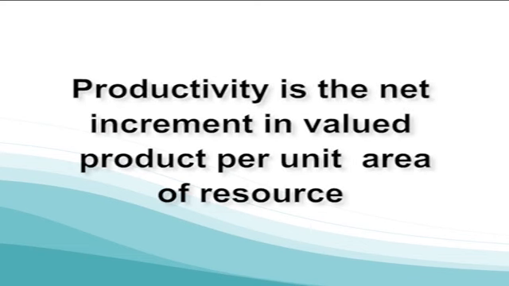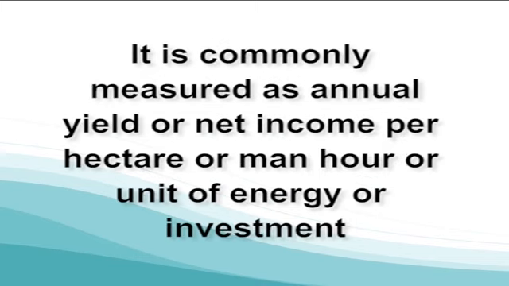Productivity is the net increment in valued product per unit area of resources. It is commonly measured as annual yield or net income per hectare, or man-hour, or unit of energy or investment.